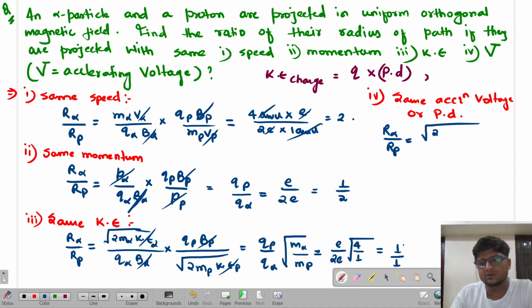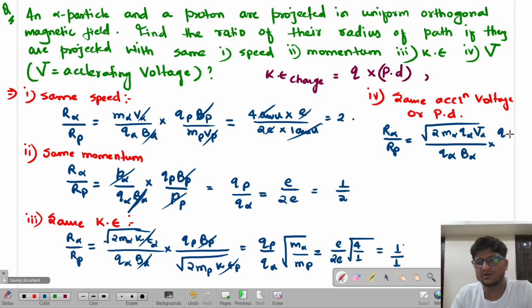Root under twice mass of alpha particle, charge of alpha particle, potential difference of alpha particle divided by charge of alpha particle, magnetic field of alpha particle, into the opposite of this: charge of proton divided by mass of proton, charge of proton, and potential of proton.